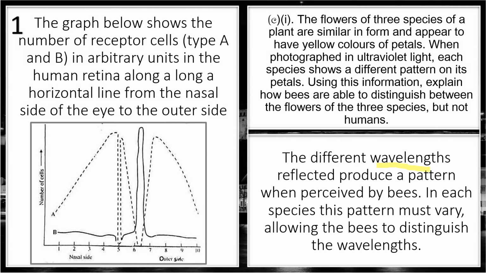The different wavelengths reflected produce a pattern when perceived by bees. In each species, this pattern must vary, allowing the bees to distinguish the wavelength.